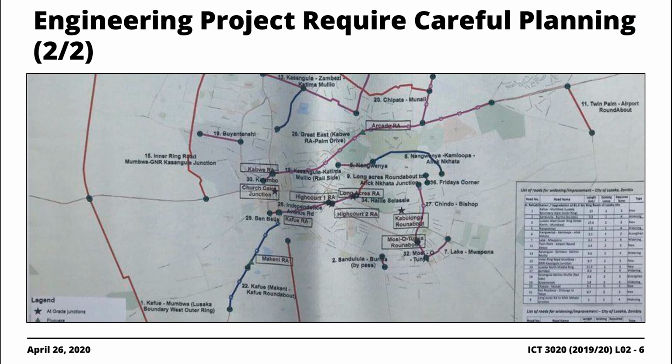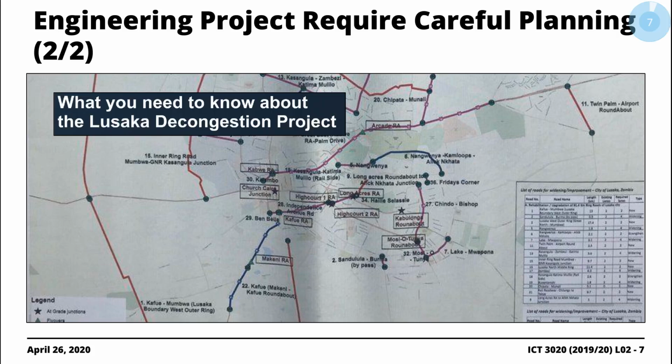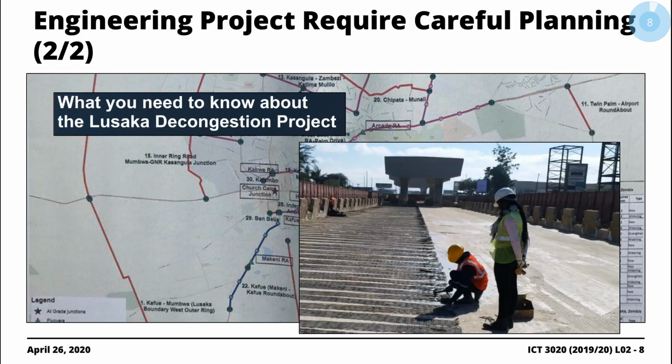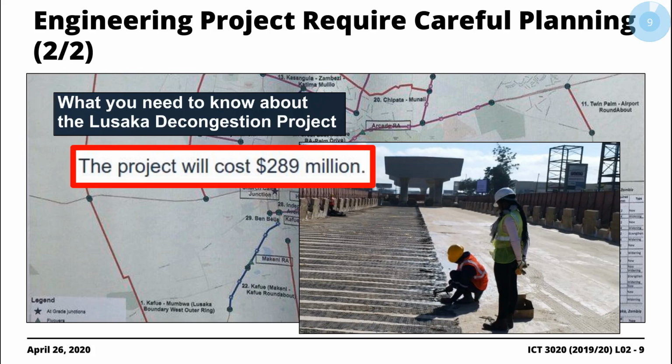All right, so back to this idea of cost, right? Again, just to emphasize, by using the example of the so-called Lusaka decongestion project. If you look up the project online, this is a civil engineering project, but you realize that there are interesting numbers being thrown around, right? The important numbers that I want to draw attention to are issues to do with the cost, right?